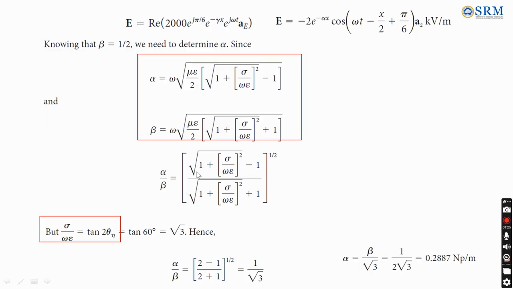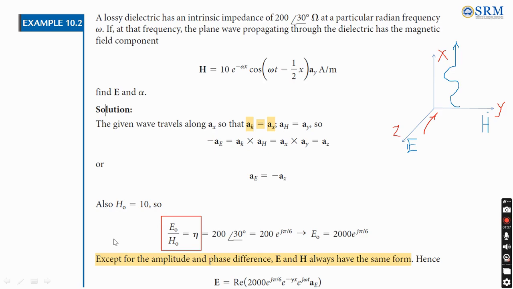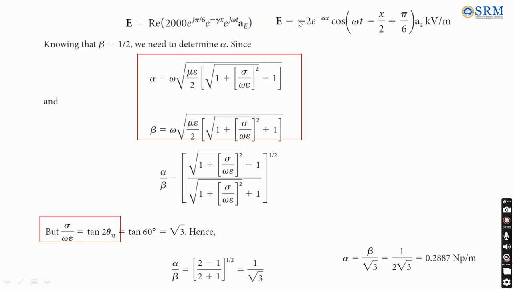To find this part, tan 2 theta eta, where theta eta is the angle of intrinsic impedance, is tan of 2 into 30 degrees. Tan 60 has the answer root 3, and that is equal to sigma by omega epsilon. If I substitute sigma by omega epsilon as root 3, we have root 3 the whole square, which after taking the square becomes 3.